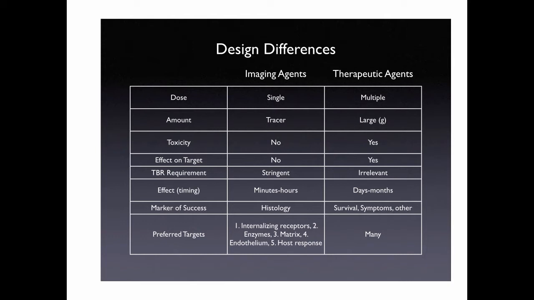There is no tolerance for any kind of toxicity with an imaging agent because you're just trying to see something. You are not trying to cure something, and so no toxicity at all. Whereas with therapeutic agents, cancer is one of the best examples.